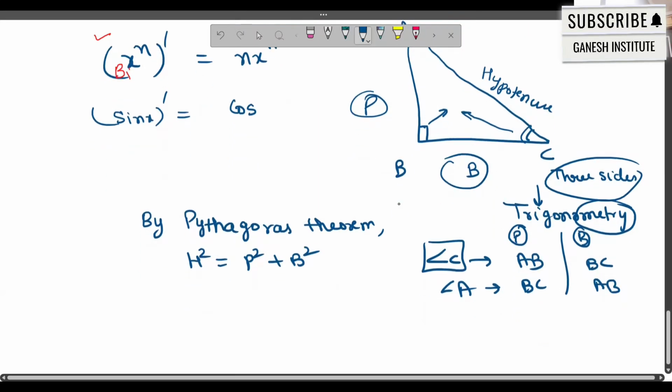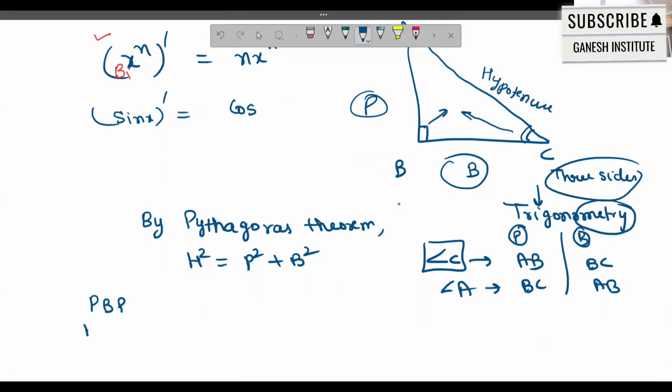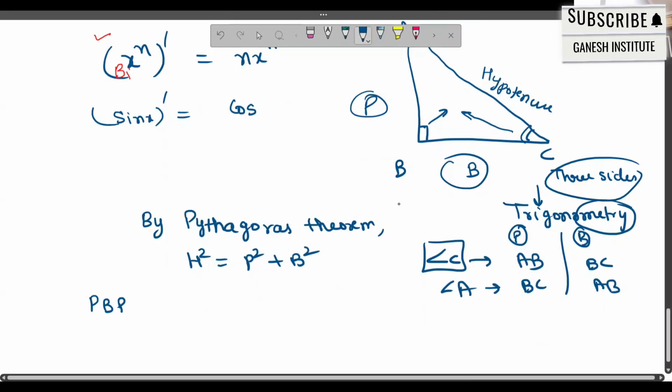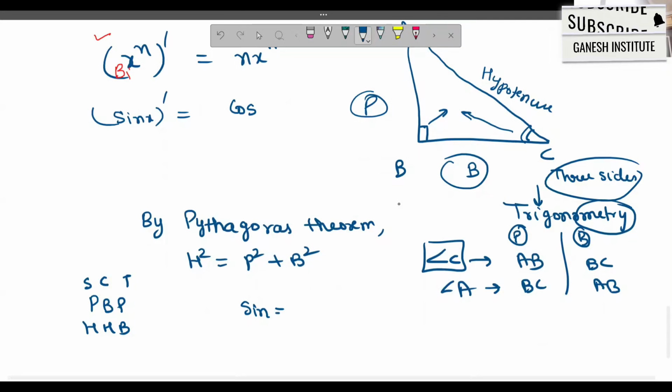Now, we have this acronym for sine, cos, and tan ratios. Sine is perpendicular upon hypotenuse.